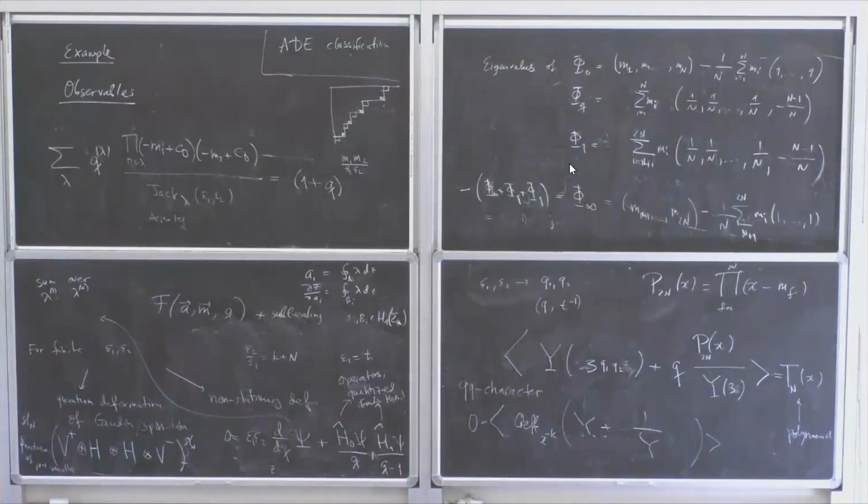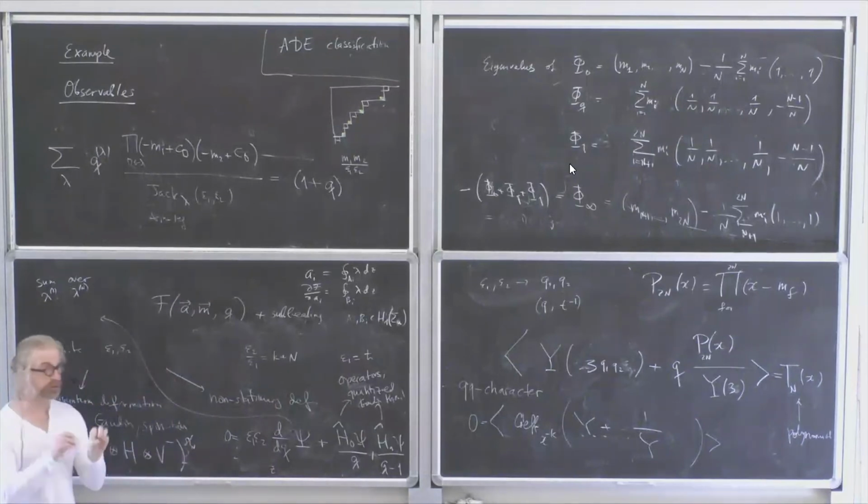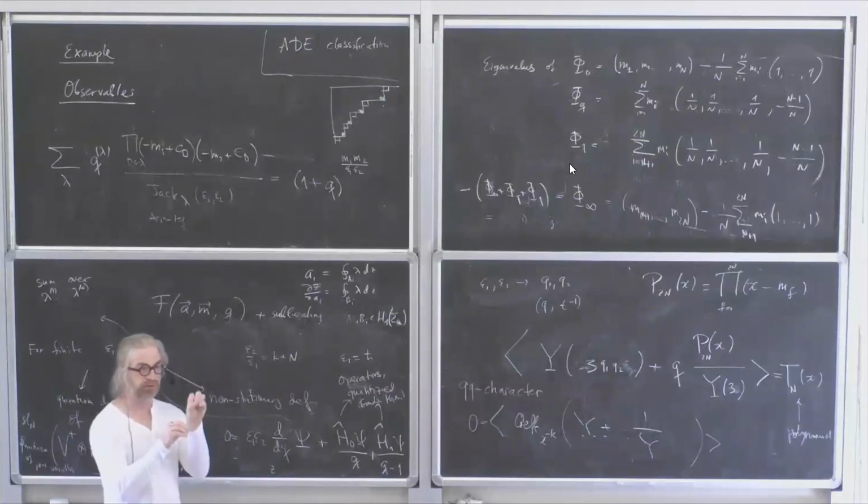But this was the case of A1, and there is a direction of generalization here which I didn't get to, where you consider models which are associated to Dynkin diagrams. Then on each node of the Dynkin diagram, you'll have a different collection of partitions, and they will interact with each other in various ways.